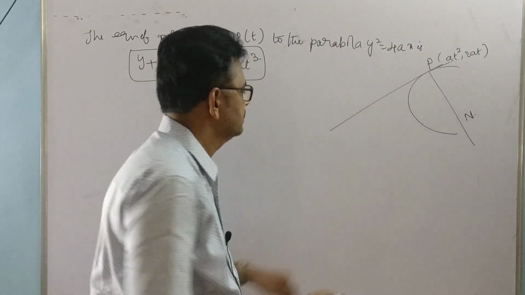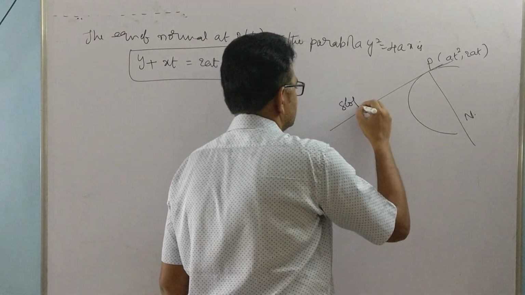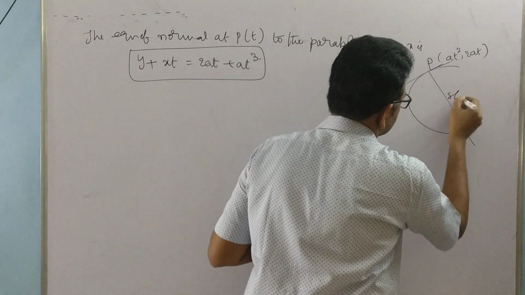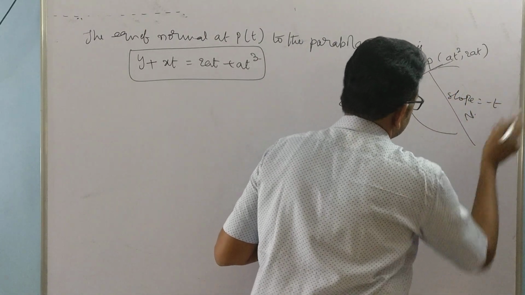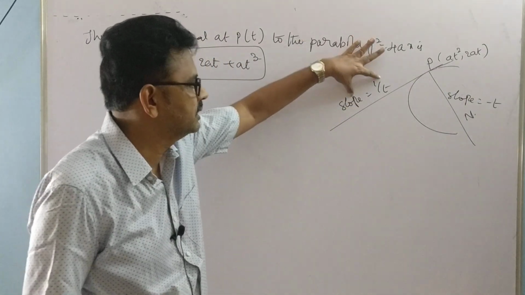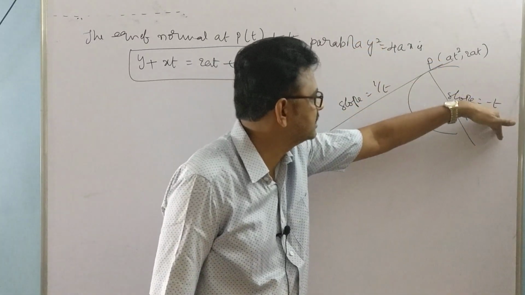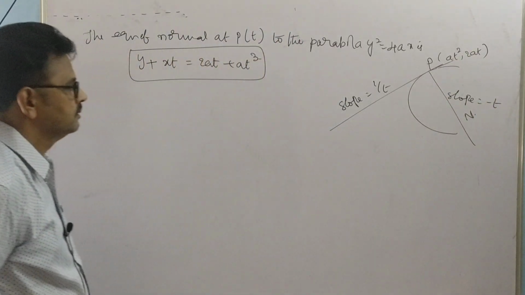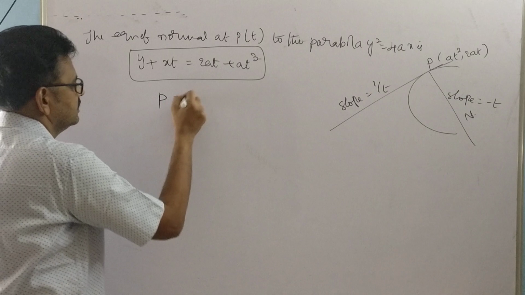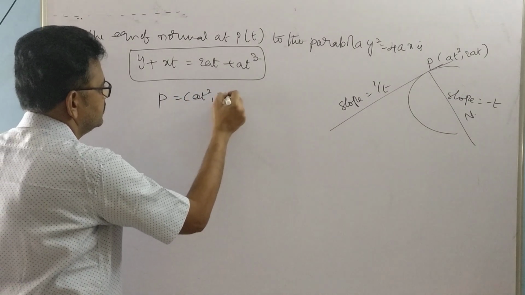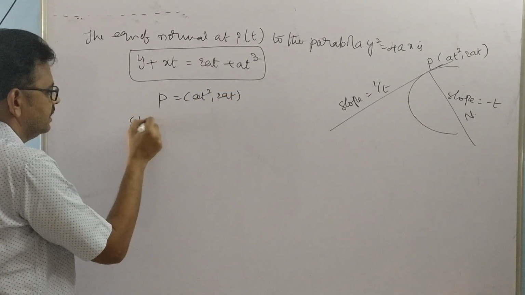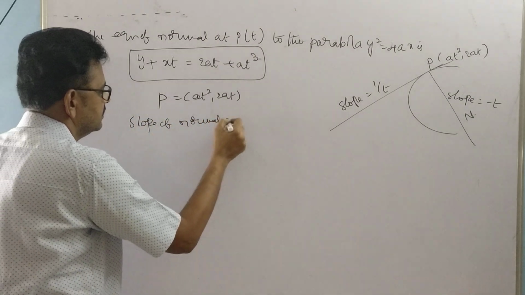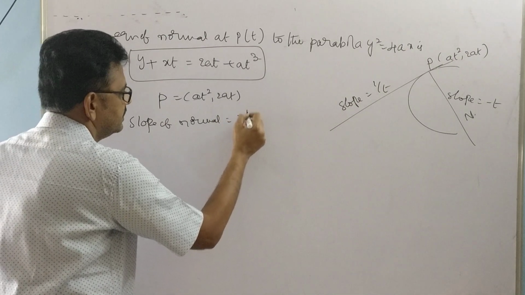What is the slope of the tangent? Slope is equal to 1 by t. What is the slope of the normal? Minus t. The slope of the tangent is 1 by t, you know that; the slope of the normal is minus t because their product is minus 1. Now the point is at square comma 2at, and the slope of the normal is minus t.